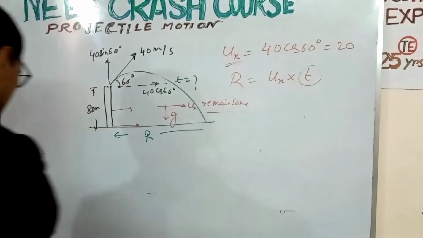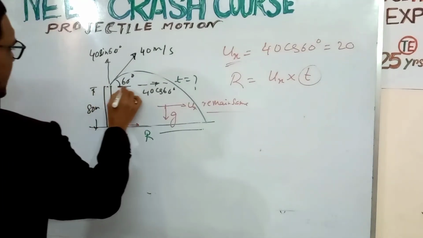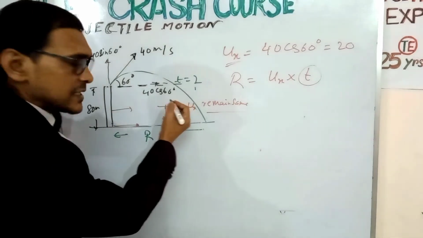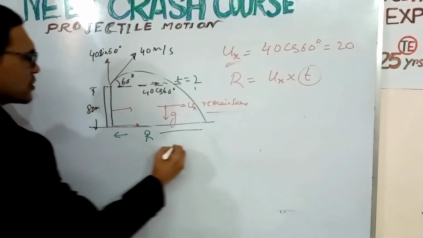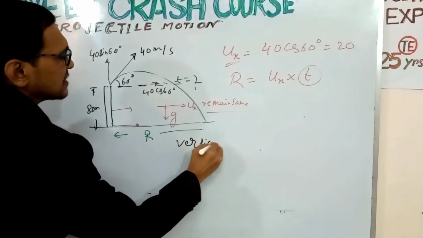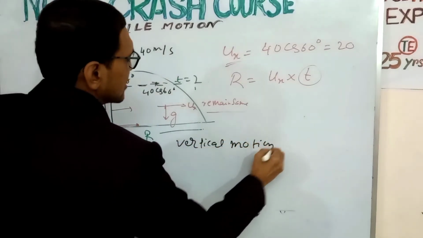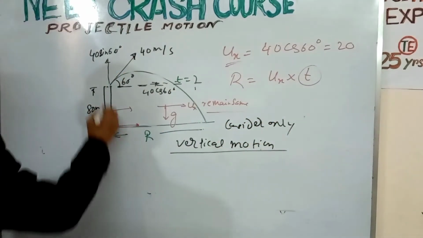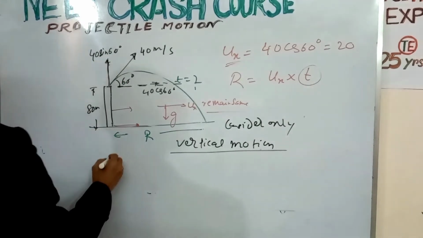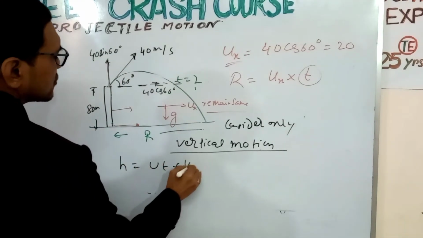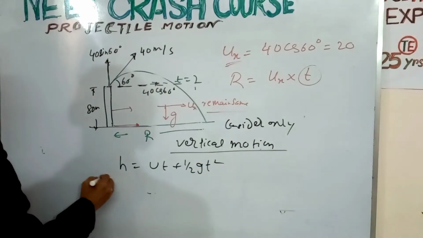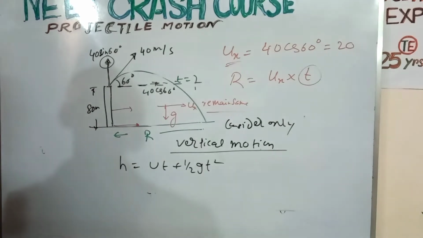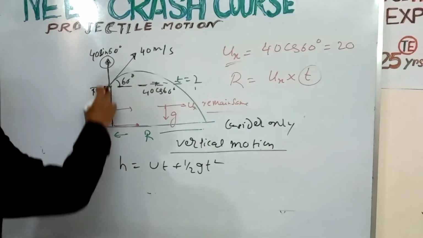Now what is the time taken? So to calculate the time taken, we have to consider only the vertical motion, that is the particle in upward direction. First we write the equation. The body moves with this velocity along vertical upward and net displacement along vertical direction is this.